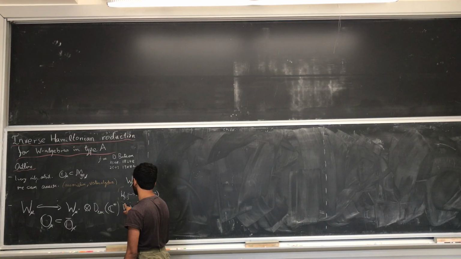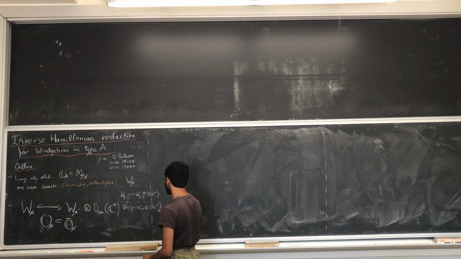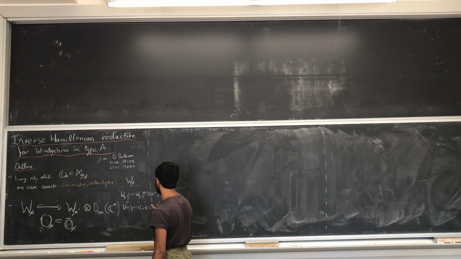So the claim here is that the current algebra of SL2 includes into the vertex algebra times something that looks like, in the vertex algebra setting, chiral differential operators on C star, which is something like a lattice vertex algebra.